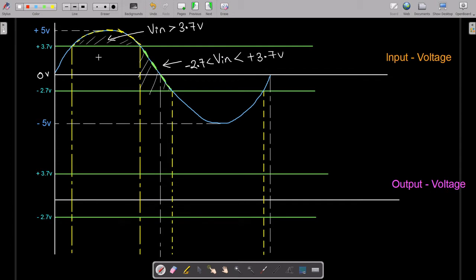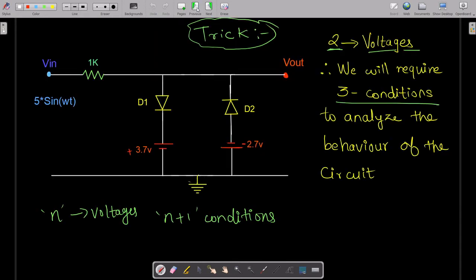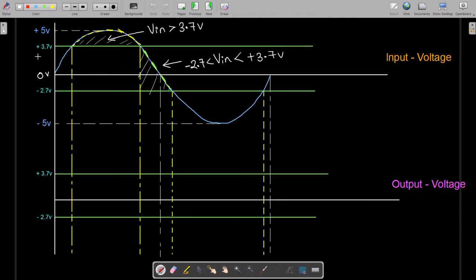We are doing nothing special. We had just drawn the input waveform, and based on that we are considering the conditions I told you. We marked two voltages, two points in this graph, plus 3.7 volts and minus 2.7 volts, and based on that we are going to analyze the circuit.